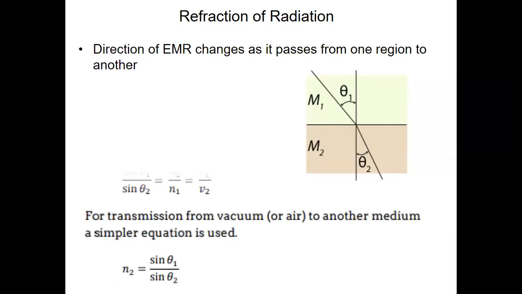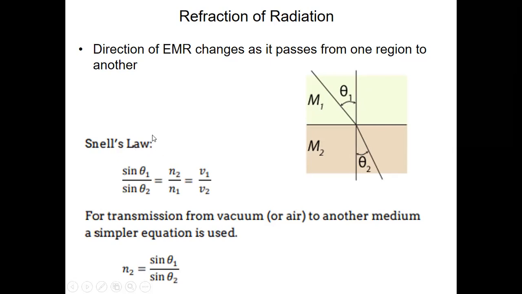In refraction, we apply a law called Snell's law. With that law we can find the angle of refraction, and if we know the angle, we can find the refractive index. When light passes from medium 1 to medium 2, the light wave can bend, and the angles theta 1 and theta 2 are different.